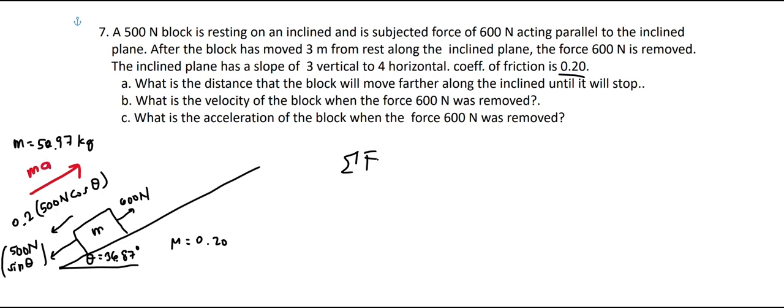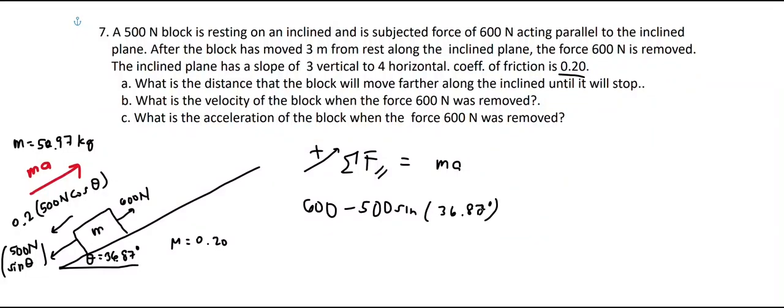Taking summation of forces parallel to the surface equal to mass times the acceleration, taking upward forces to be positive, we have our 600 Newton force going up minus the 500 Newton force going down, sine of theta, that is 36.87 degrees, minus the frictional force of 0.2 times 500 newtons cosine of 36.87 degrees, equal to mass times the acceleration, which is positive because it's going upwards.